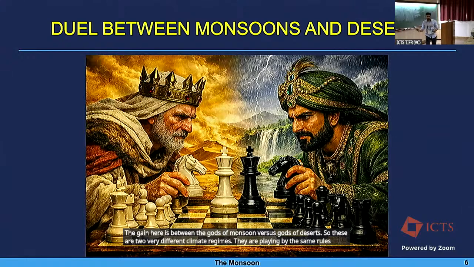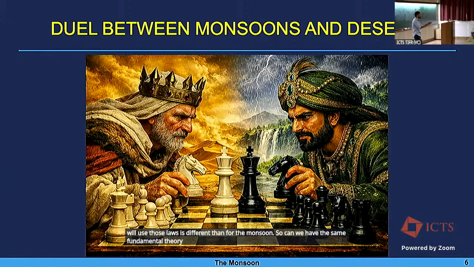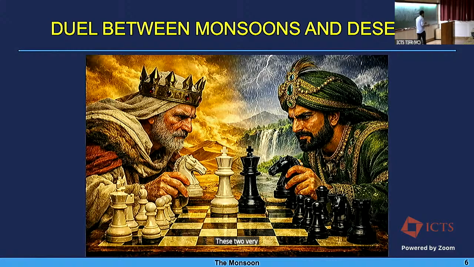The laws of physics that apply for the monsoon also apply for deserts, but the way the desert uses those laws is different from the monsoon. So can we have the same fundamental theory that can explain the dynamics of these two very different, contrasting climates? That is the idea behind this.